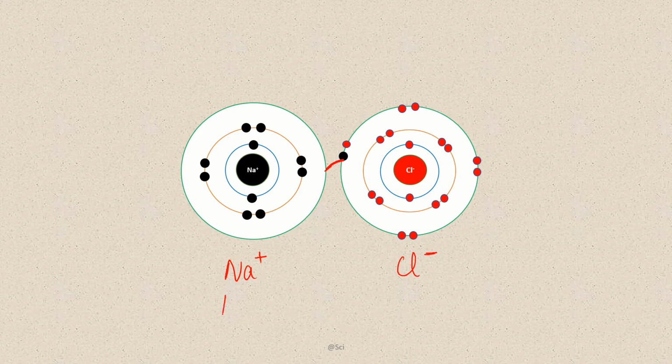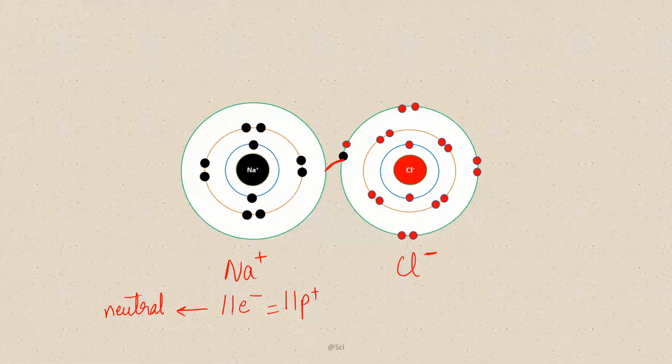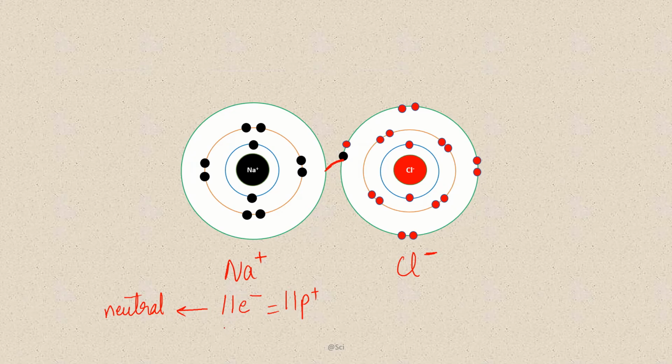Because sodium initially had 11 electrons and 11 protons, so it was equal. So the atom was neutral. But after it lost one electron, whether to chlorine or to anybody, you get this value.